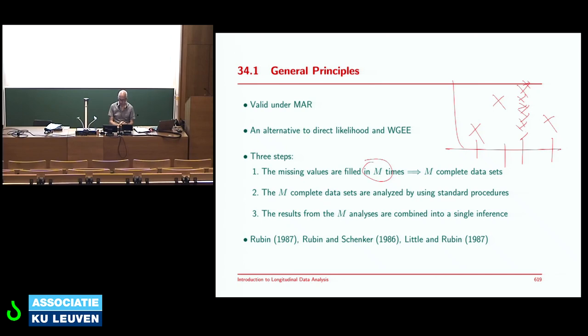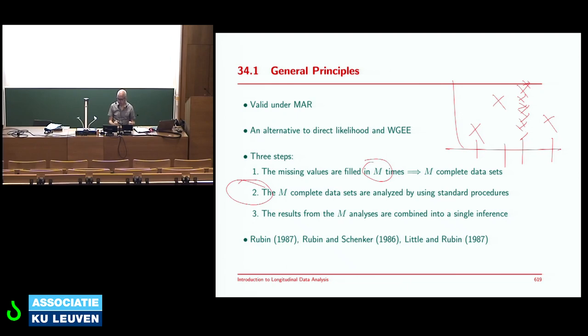We have 10 fully complete data sets that are all identical in the observed data points, but vary a little bit or more or a lot, depending on the situation, in the missing data points. But these are complete data sets. So in the second step, I can analyze these data sets in exactly the way I want. For example, I can calculate or I can estimate a treatment effect at the last time point, together with a standard error.